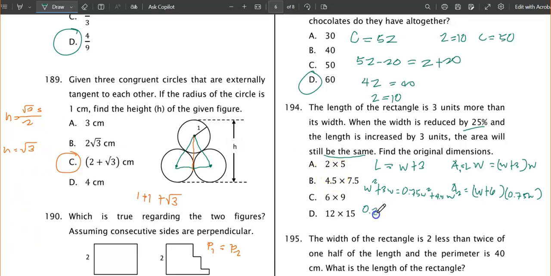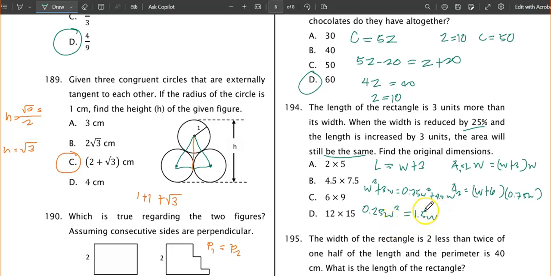We're going to get 0.25 W squared, and then this will be equal to 4.5 W minus 3 W, that is 1.5 W. And then we forgot to factor out a W here.